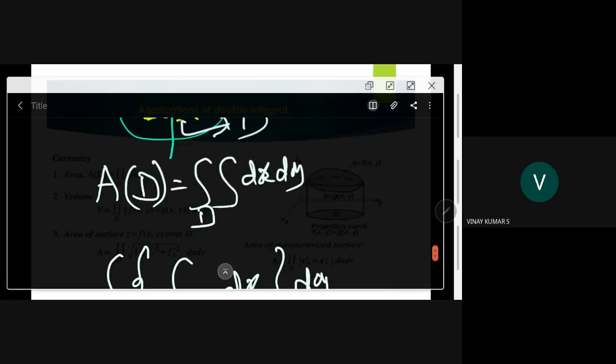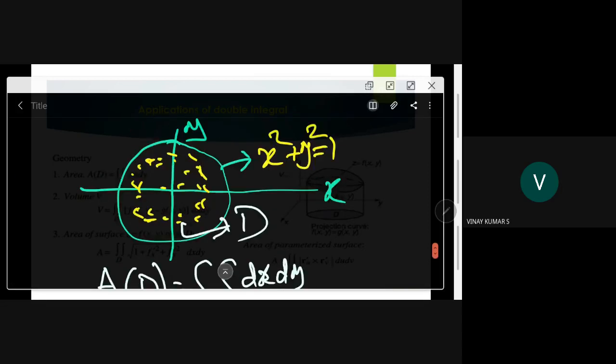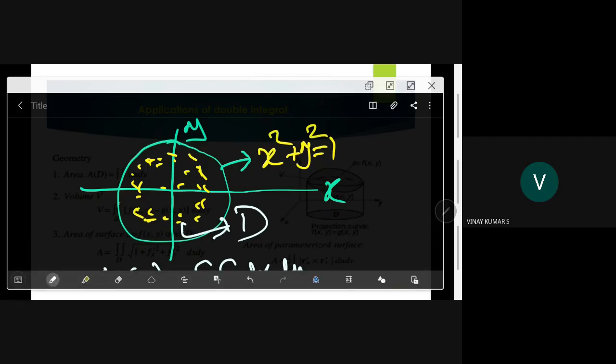If you want to do with respect to x first, then what did I tell you? Draw a strip parallel to the x-axis. Then see what is the x value here and what is the x value here. You need to express x in terms of y. So x is equal to plus or minus square root of 1 minus y square. Here x is minus root of 1 minus y square because you are in the second quadrant.